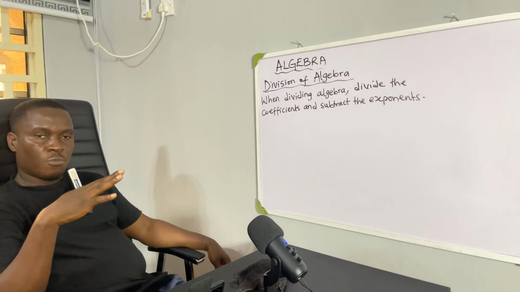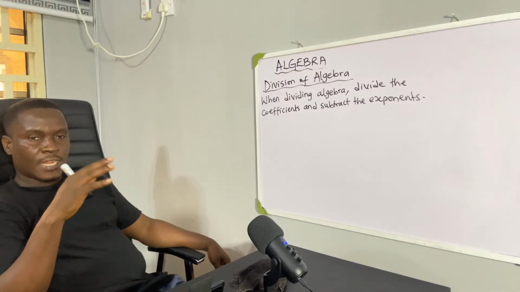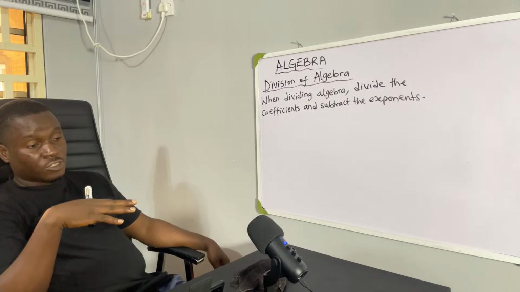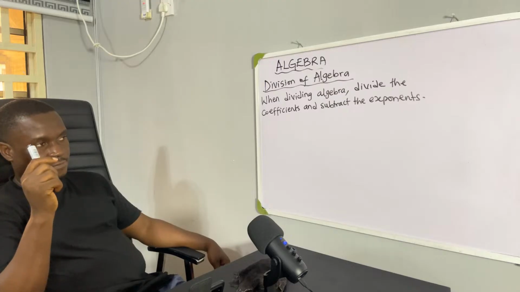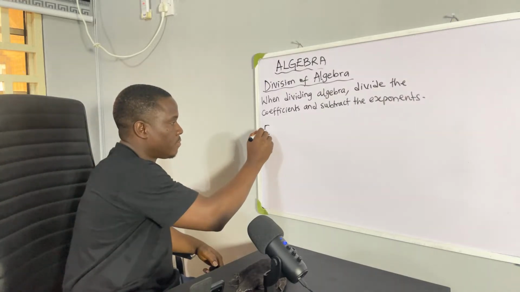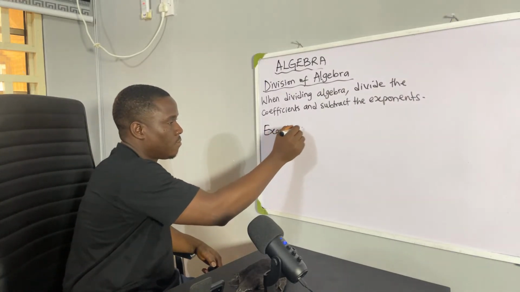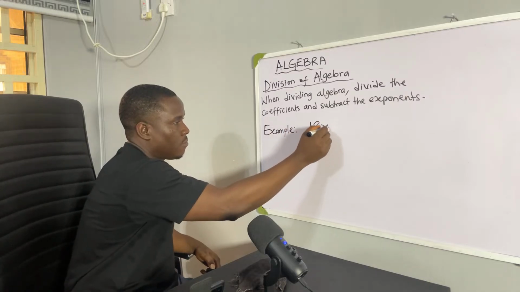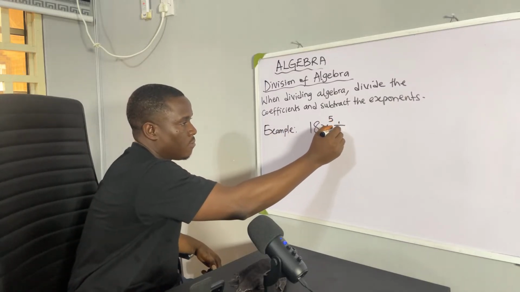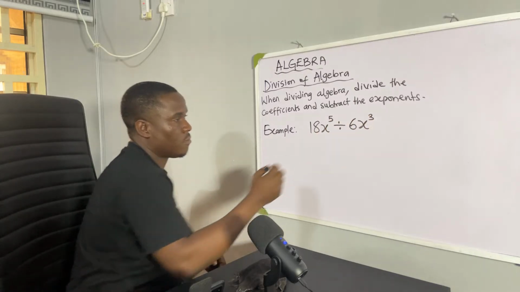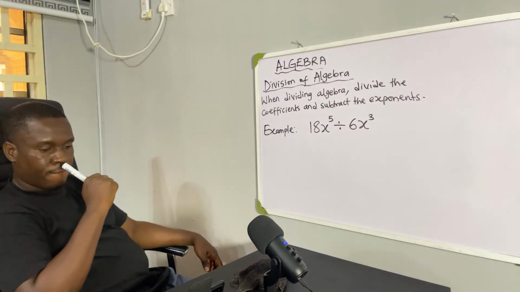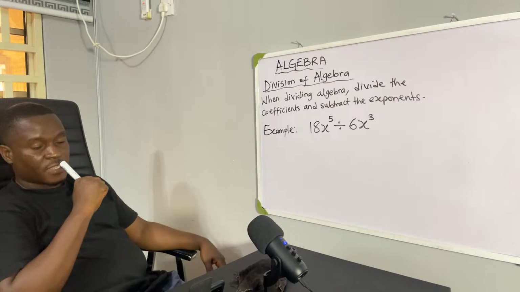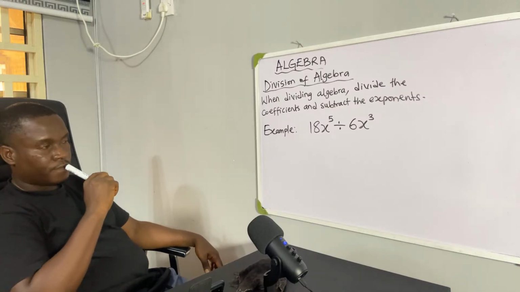In multiplication, we multiply the coefficients and add the exponents. In division, we divide the coefficients and subtract the exponents. Example: 18x to the 5th power divided by 6x to the 3rd power.